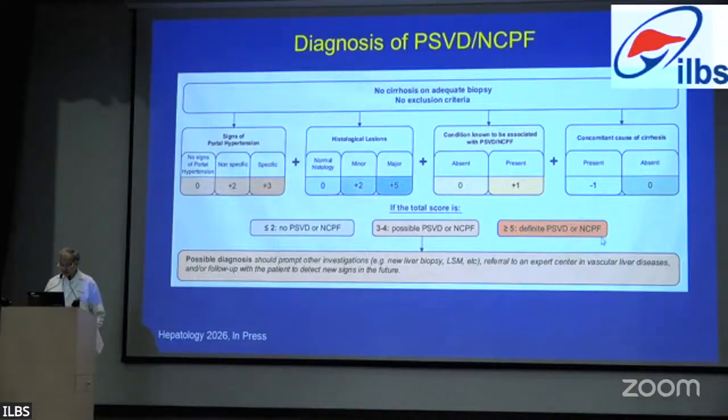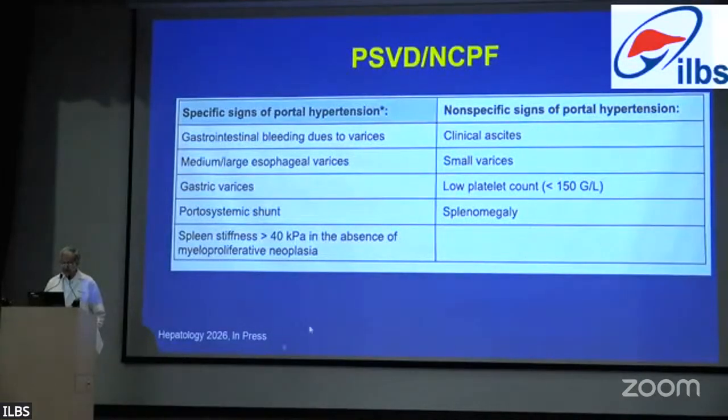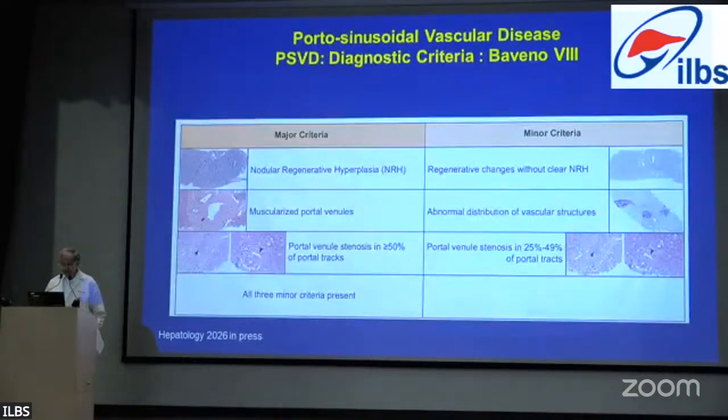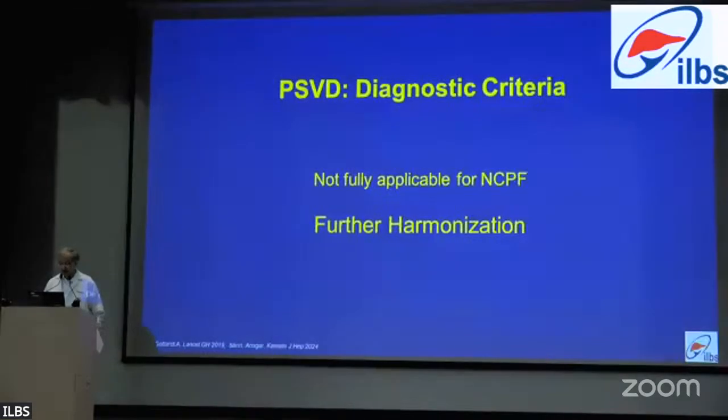Meaning thereby, let me give you an example. If I have a patient with a spleen stiffness 45, nothing else, he is diagnosed as PSVD or NCPF, which may not be correct. Or on the other hand, if you have just muscularized portal venule or NRH, you will go into these things.